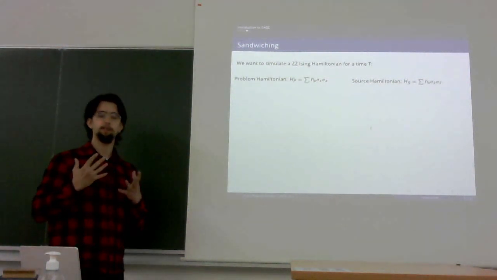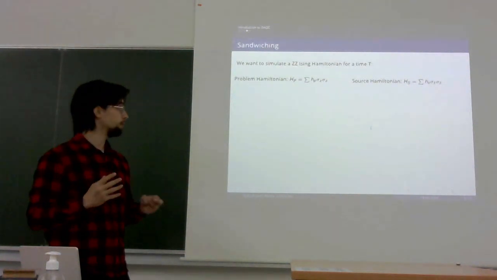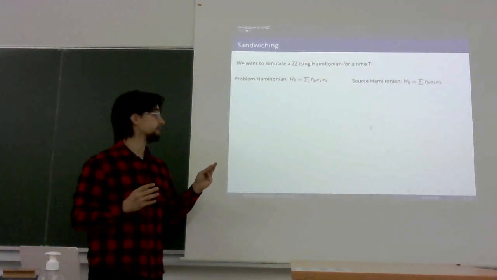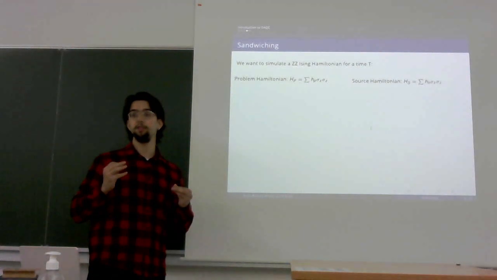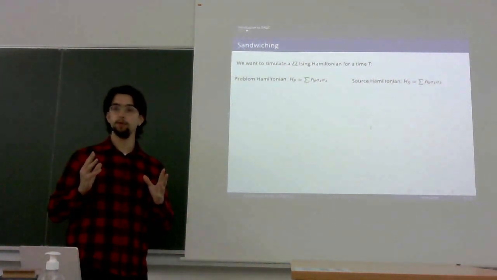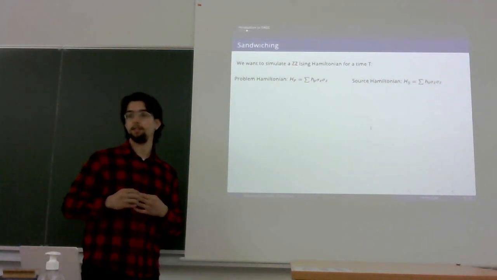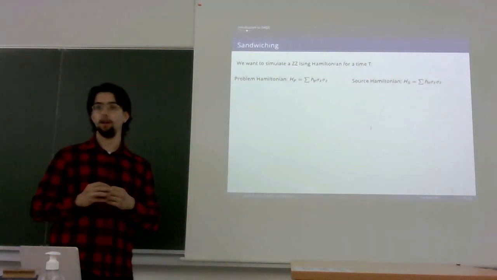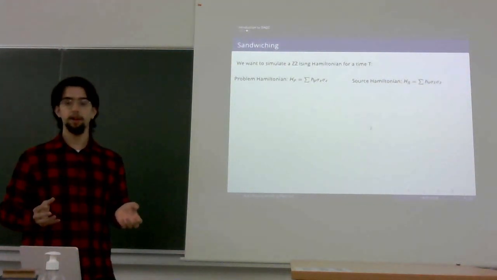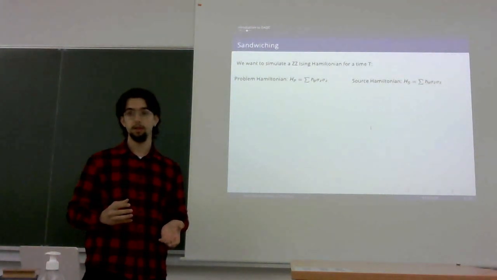And how do we do this? To explain how we work with digital analog, I'm going to go over a simple problem, which is simulating an Ising Hamiltonian during a time t. Now, imagine we have a Hamiltonian that we want to simulate, which is our problem Hamiltonian. It's an Ising Hamiltonian with some couplings, and then our source is going to also be an Ising Hamiltonian with different couplings.